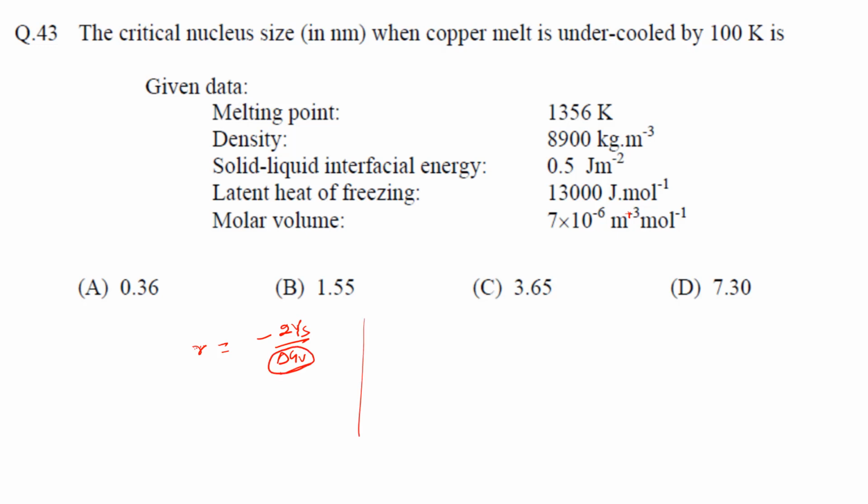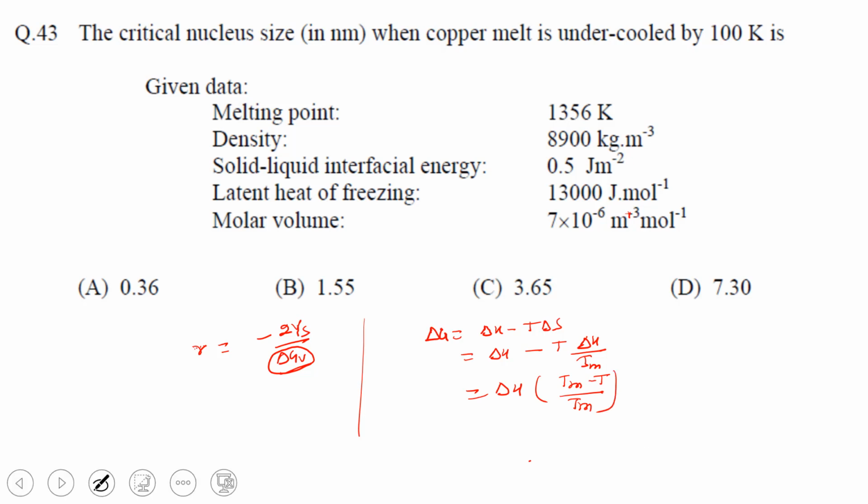We know delta G equal to delta H minus T delta S. At the time of melting, delta H becomes delta H melting by T melting. So delta H times Tm minus T by Tm will be your delta G basically.